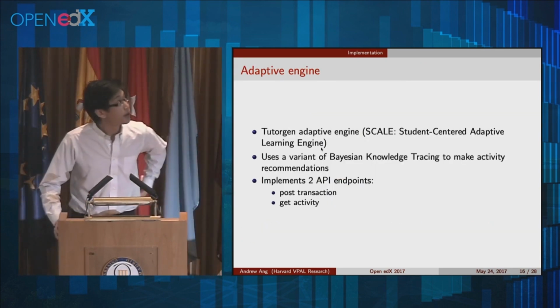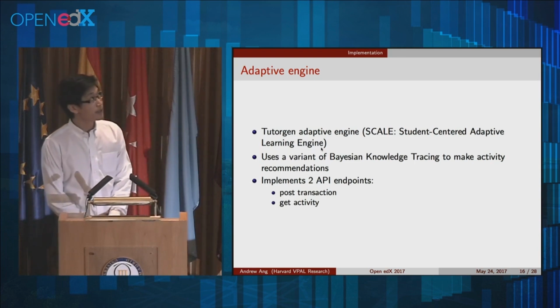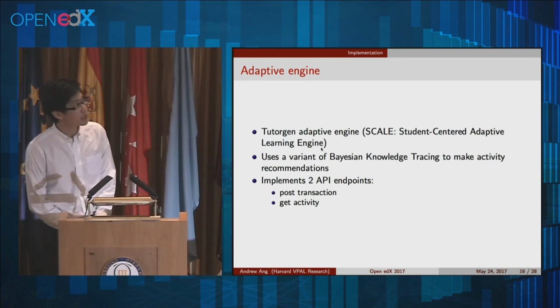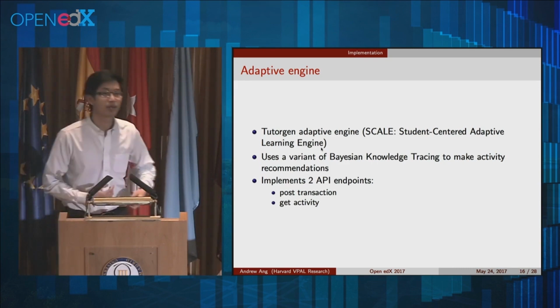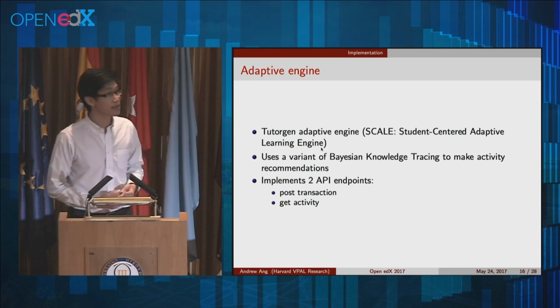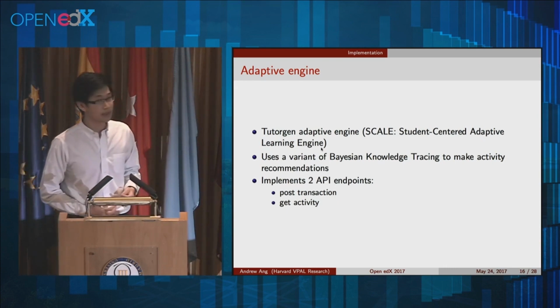On the other side was the adaptive engine. This was provided by Tutorgen. It's called SCALE, Student-Centered Adaptive Learning Engine, and it uses a variant of Bayesian knowledge tracing to make the activity recommendations. The way that we interact with it is they implement 2 API endpoints that we can hit.